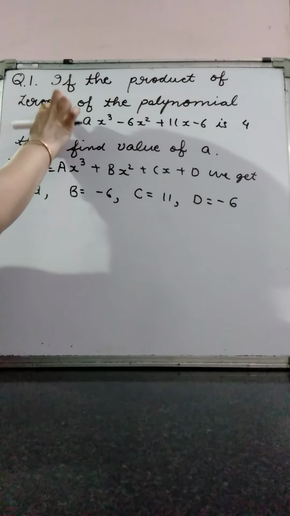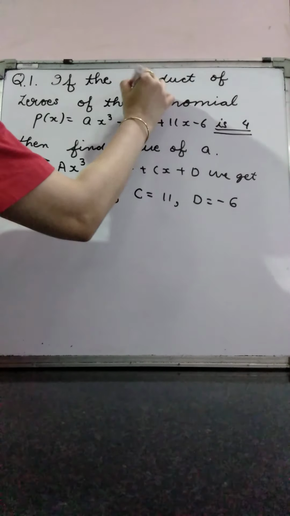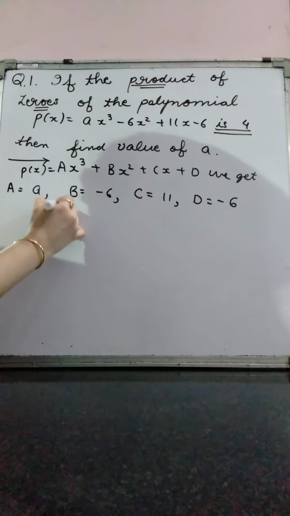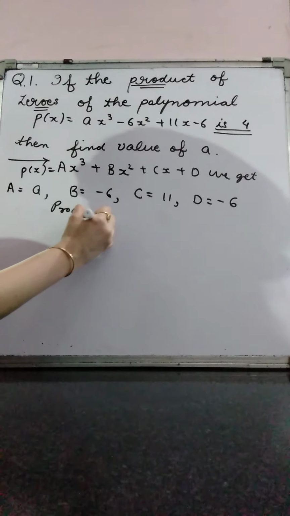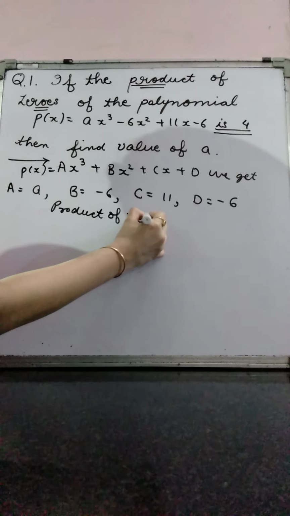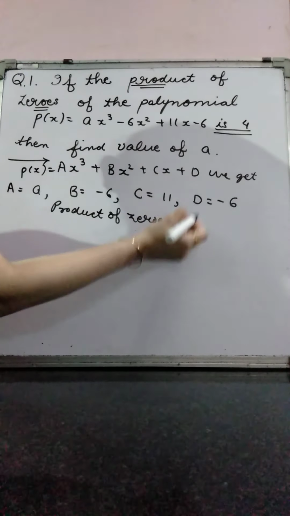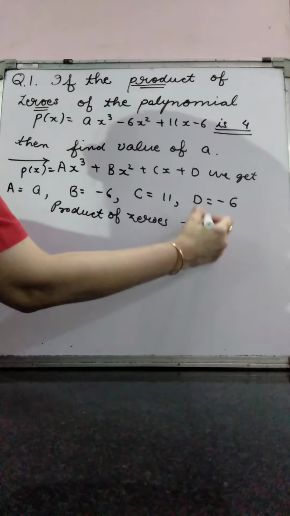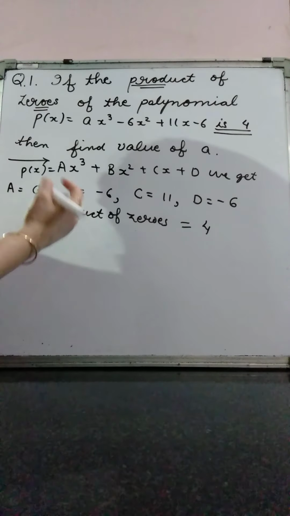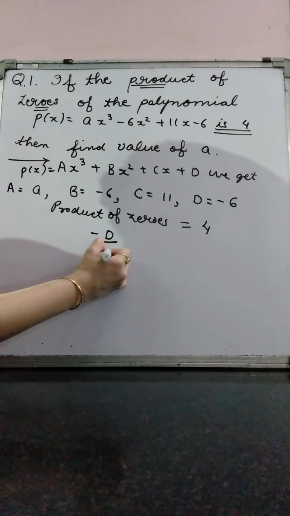If the product of zeros is 4, product of zeros is 4, right? The formula for product of zeros is minus d by a.